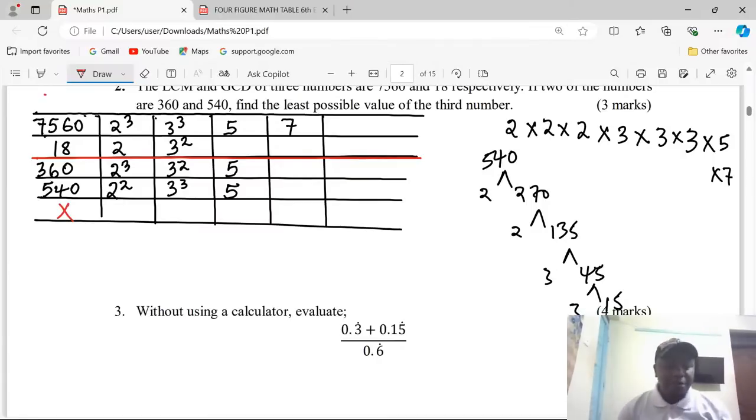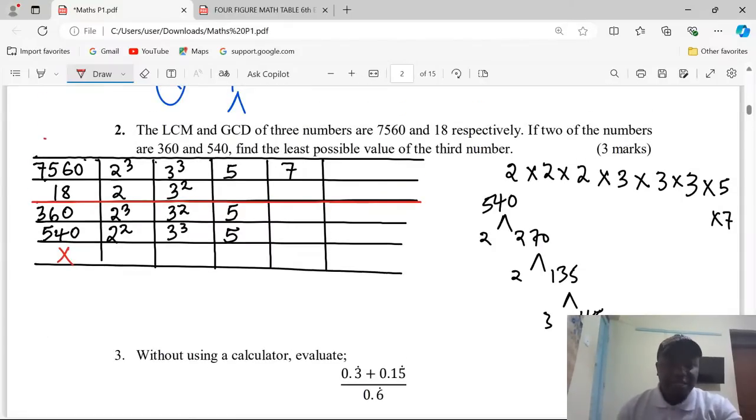Now the number is supposed to have the factors which we can see around, but we should know that it should be such that when all the numbers are factorized, they give us the LCM and the GCD that we have. So the numbers should be having at most 2 power 3 and at least 2 power 1.